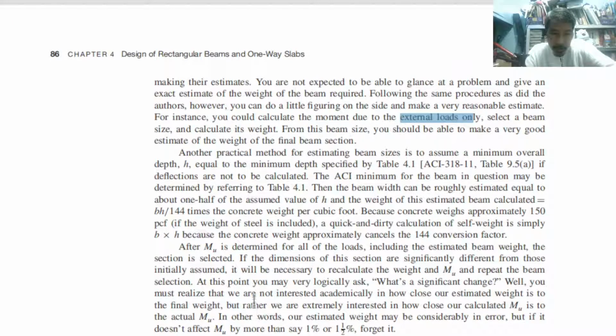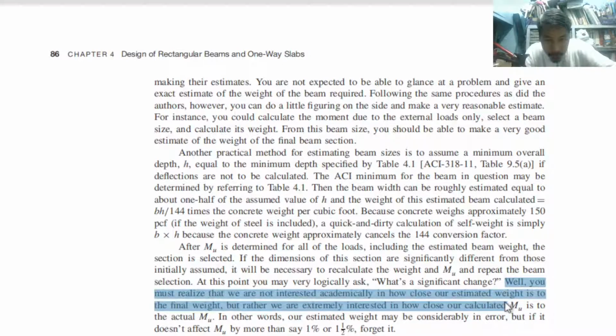What's a significant change? You must realize that we are not interested academically in how close our estimated weight is to the final weight. Again, this is the difference between mathematics and engineering. Rather, we are extremely interested in how close our calculated Mu is to the actual Mu.